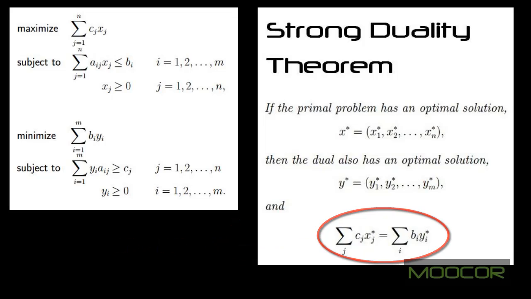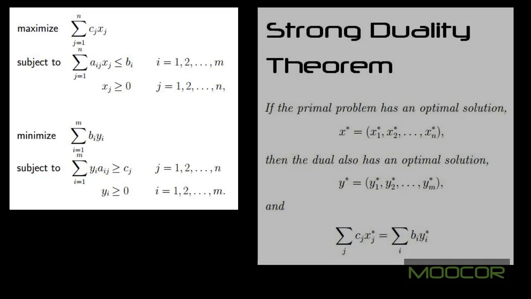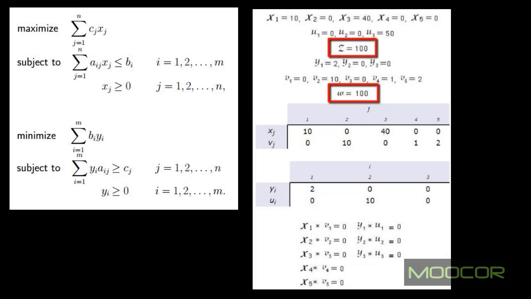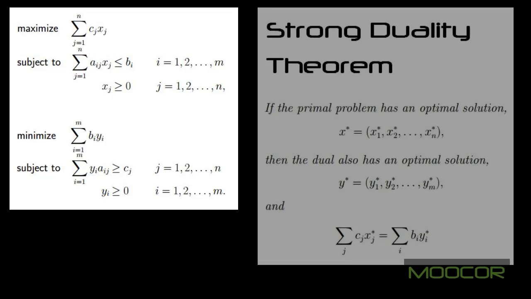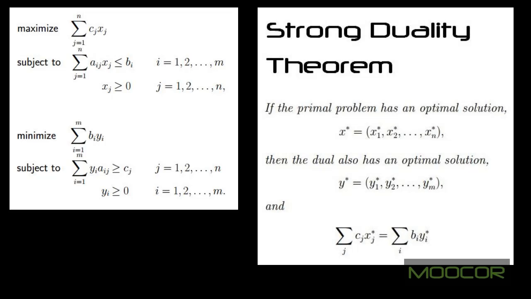That's the main condition. What we are saying is Z star is equal to W star in both cases. This was also demonstrated in the simple example that we had with both Z and W equal to 100. This is really the part of the weak duality theorem that has the equality sign in it.